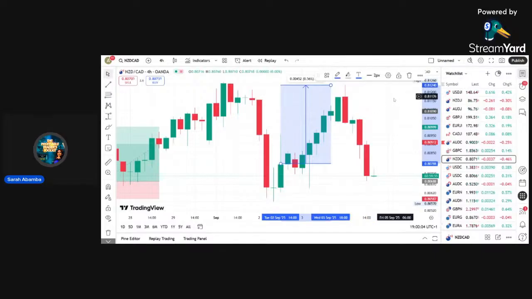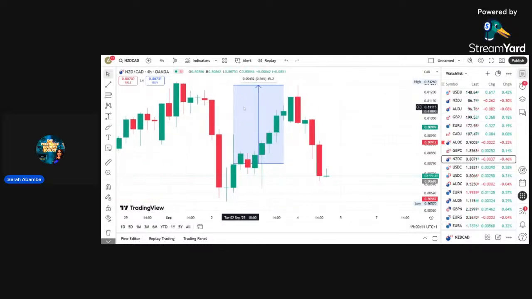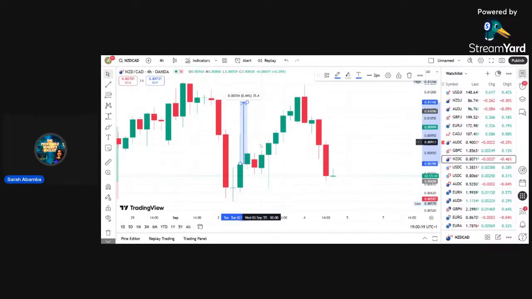Now you can see that even in the middle of this trend, you see this bullish candlestick that was formed. Like I told you before, if it is formed along the trend, that means the trend is going to continue. A bullish candlestick formed in the middle of an uptrend, the trend continued and gave a whopping 45 pips.